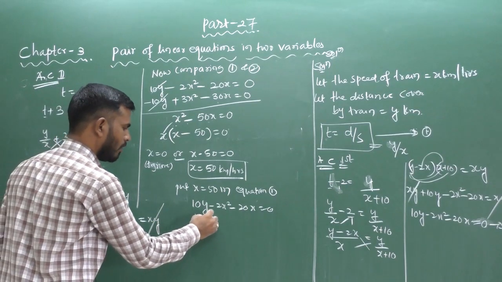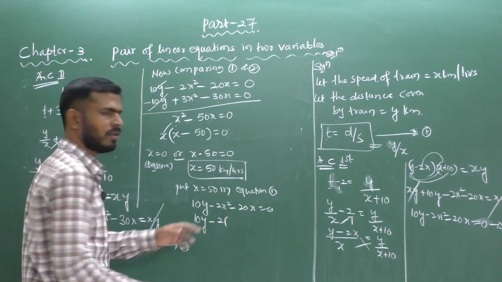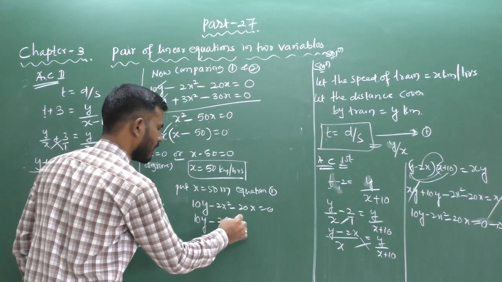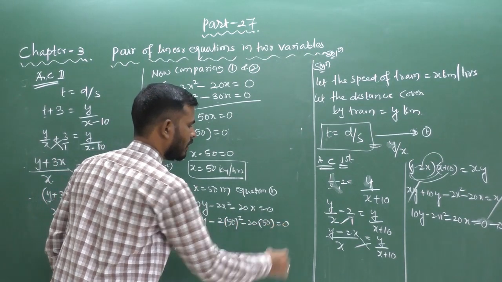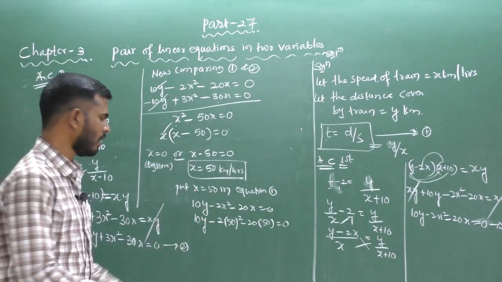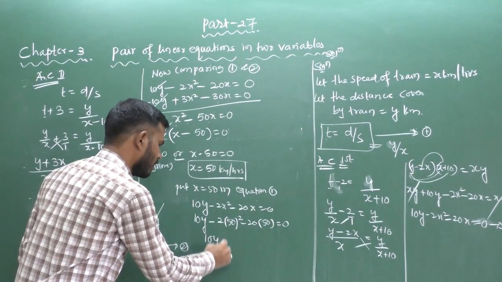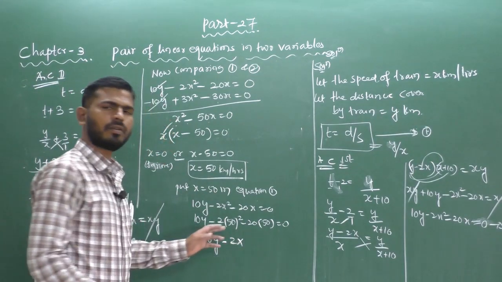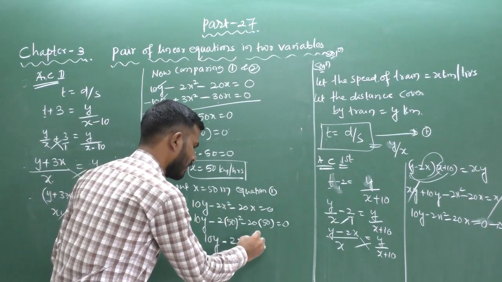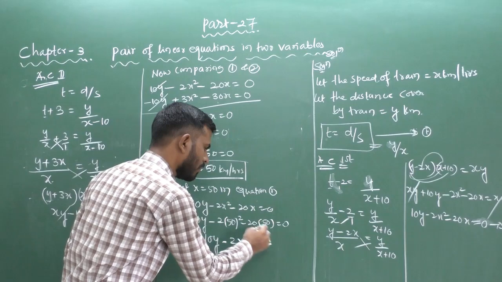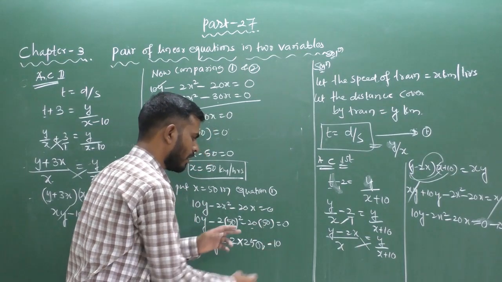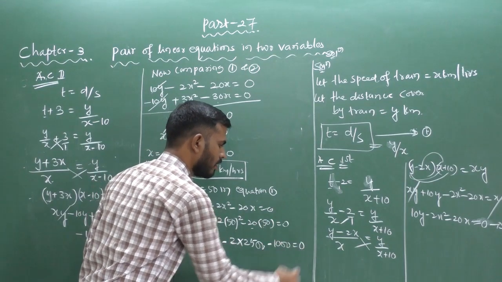So 10y minus 2 into 50 square minus 20 into 50 equal to 0. Simplifying, we get the y value. 2 into 25 is 50, and 20 into 50 is 1000.